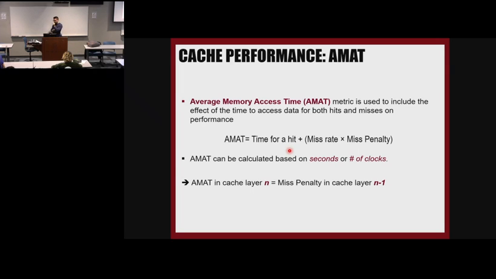So when I give you this question, you start from the very last layer. You calculate the AMAT for the very last layer, and that gives you the miss penalty of the second layer. And you keep doing this until you find the actual CPI or CPU time. You always start from the last layer.